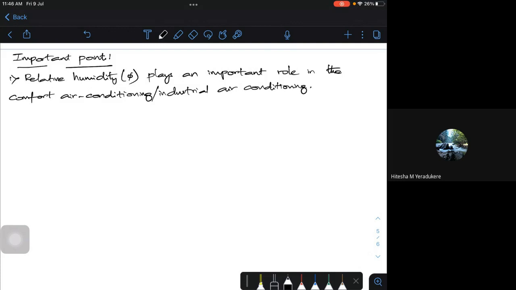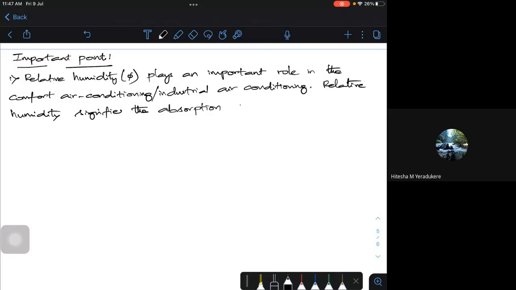And it signifies the relative humidity signifies the absorption capacity of the air.